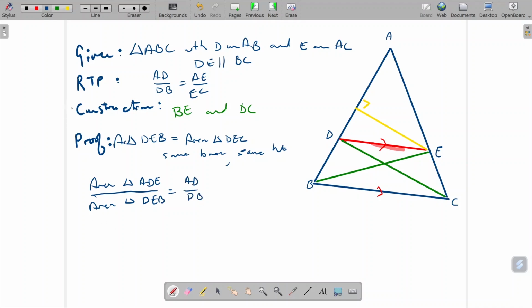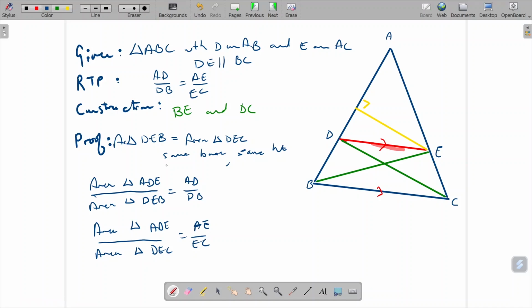And in the same way, that was looking at it from the left; if I was looking from the right-hand side, I can see that the area of triangle ADE over the area of triangle DEC equals AE over EC.